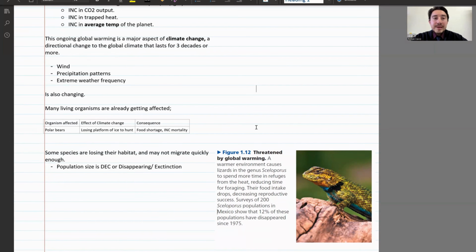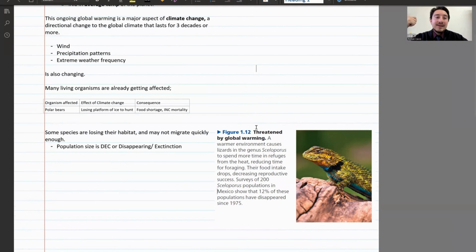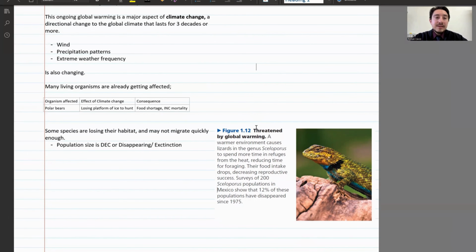You have stronger winds, precipitation patterns fluctuate, and the frequency of extreme weather changes. Some of you probably know there are more intense fires, not all around the world, but in certain locations like California or Australia. So that has a big impact on living organisms. Many living organisms get affected.